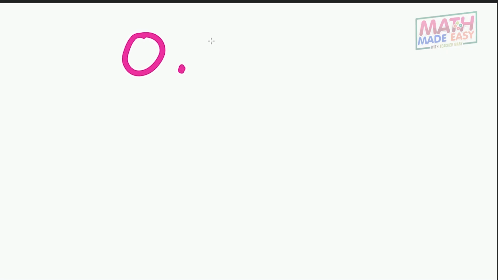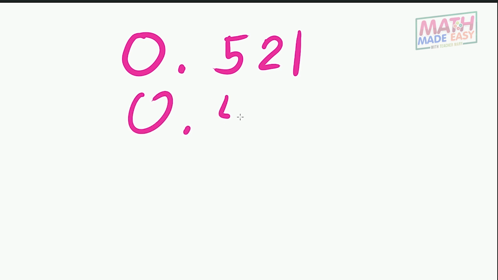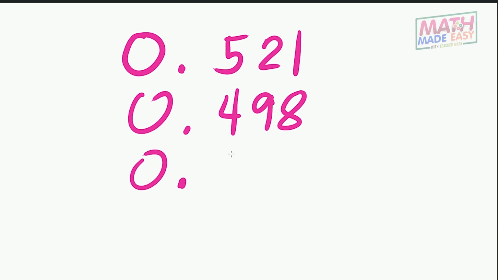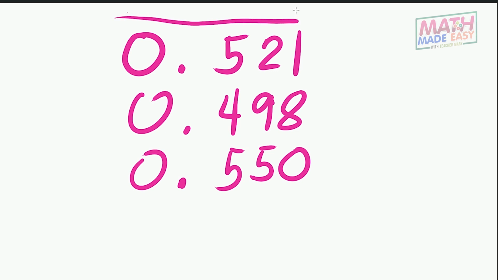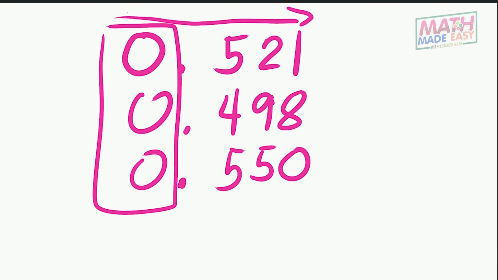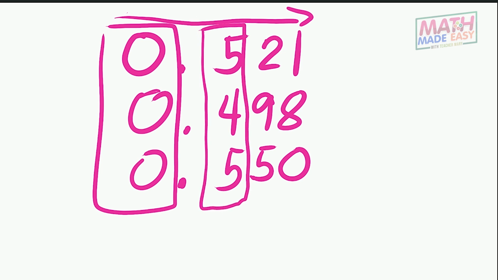Step 1. Write the numbers lining up the decimal points. Step 2. Start from left to right. Compare the whole numbers first. Since we have the same whole numbers here, which is 0, we will now proceed to the next digits after the decimal points, which is the tenths place.